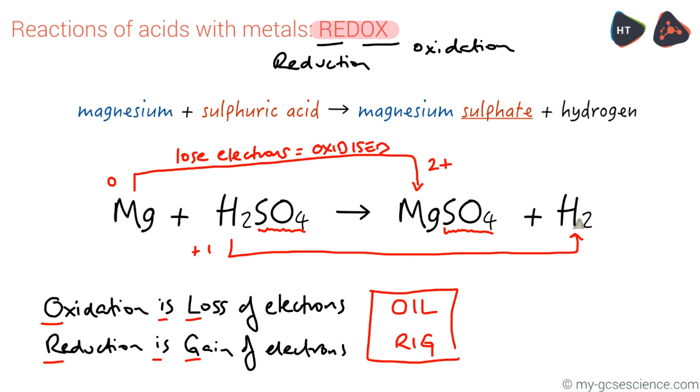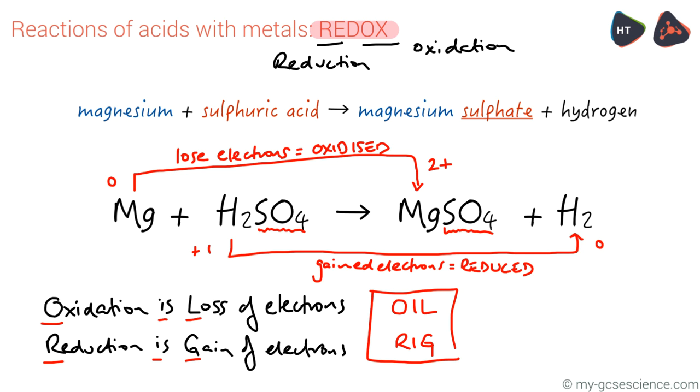When something is an element, it never has a charge. Elements are always neutral, and so it has a charge of 0. We can see that to get from +1 to 0, we need to add a negative charge, so this hydrogen has gained electrons. So we can say that it's been reduced.